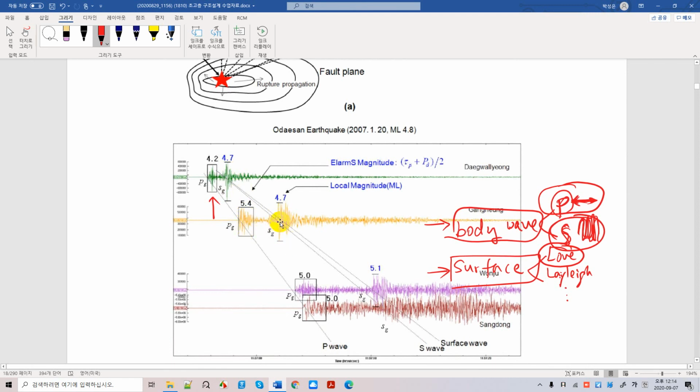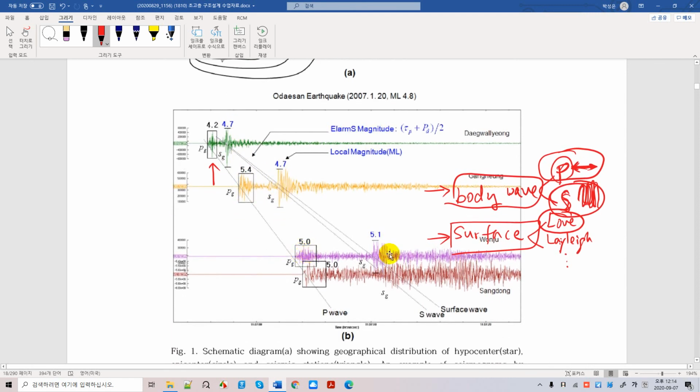You will always see the P waves first because P waves are the fastest. The second fastest wave is the S wave, the shear wave, the secondary wave.